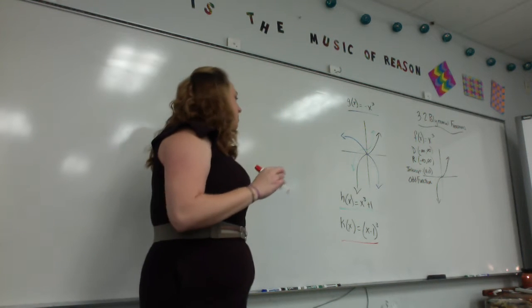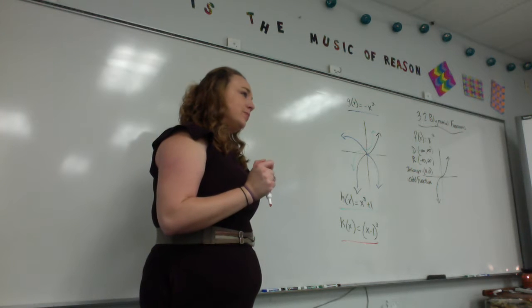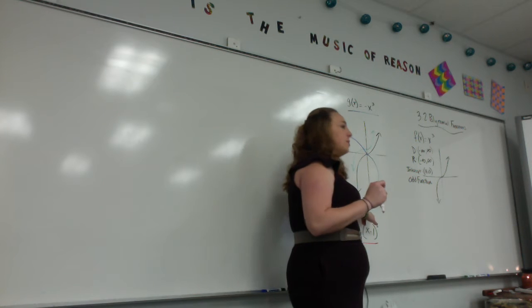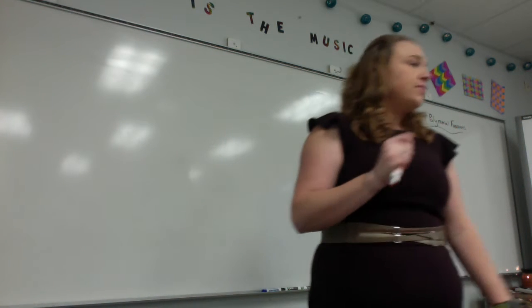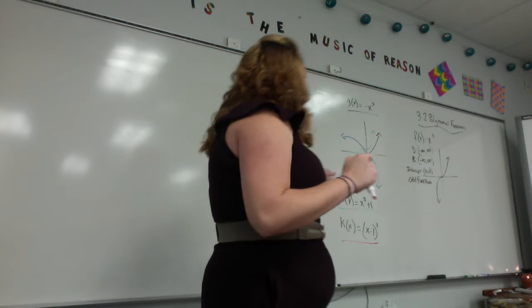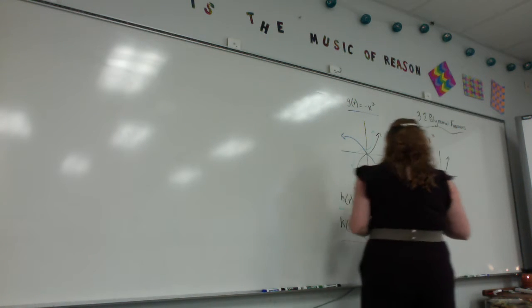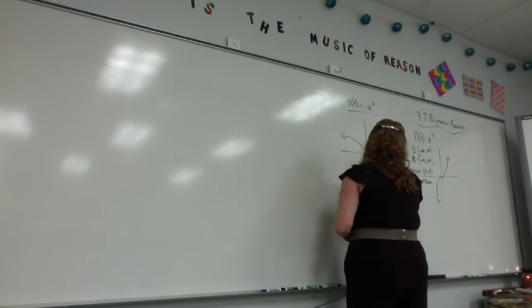The minus 1 tells me what? Not down. If it's not in parentheses, it tells me if it goes up or down. If it's in the parentheses, it tells me what? Left or right. And you always take the opposite of what it is. So it's going to move to the right 1 unit. So it's going to start over here and come.